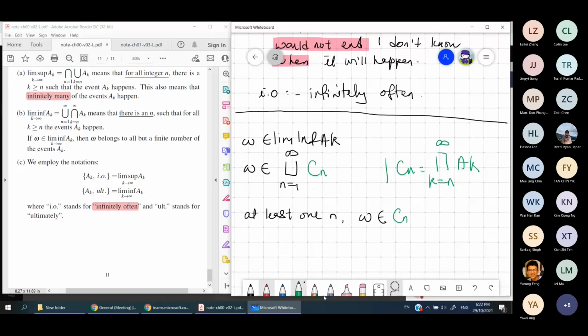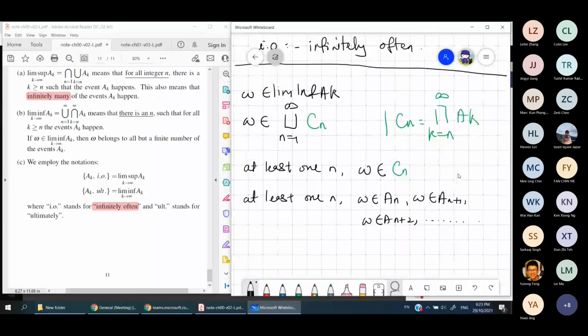So that means at least one n, then this omega will belong to all of them: A_n, and A_{n+1}, and omega will belong to A_{n+2} and ever and forever.